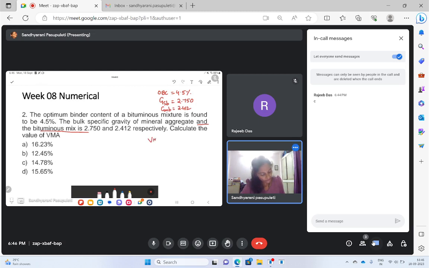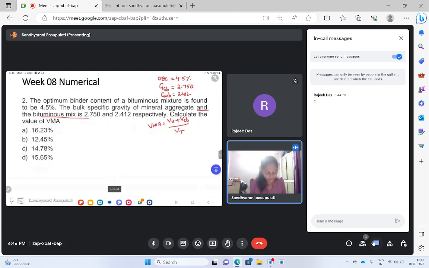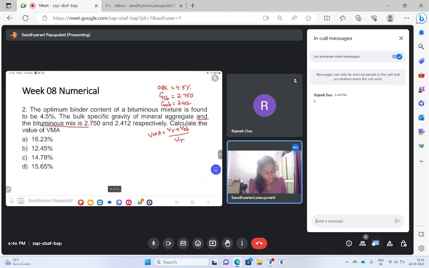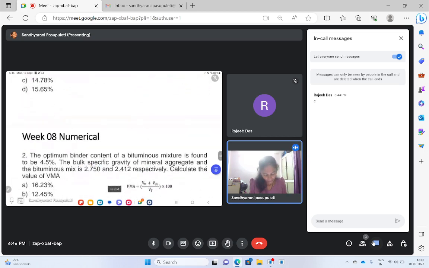So we know that for calculating the VMA, one formula is volume of voids plus volume of effective bitumen divided by total volume. In addition to that, we also have another formula involving GMB, GSB and bitumen content.